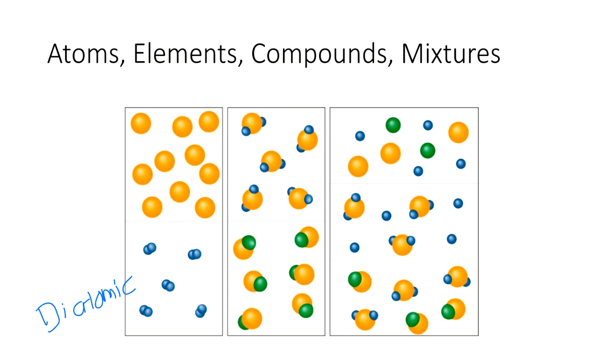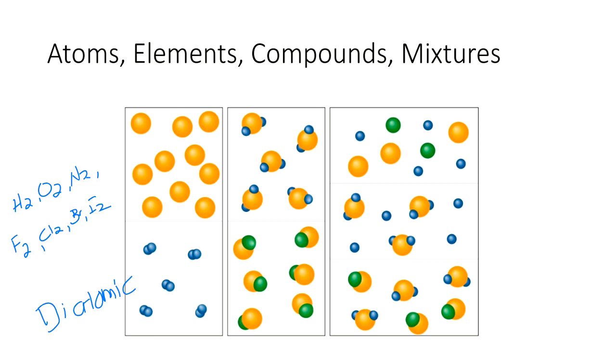Those are hydrogen, oxygen, nitrogen, fluorine, chlorine, bromine, and iodine. Okay, these are the only types of molecules that can be diatomic.